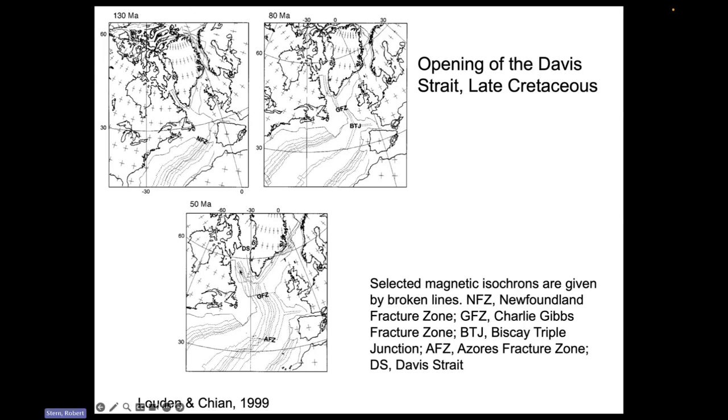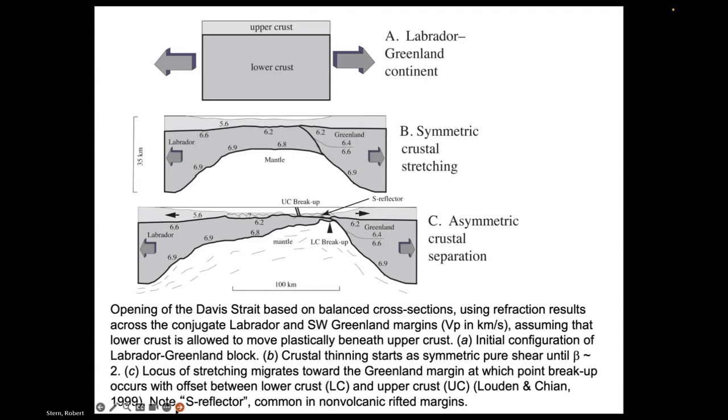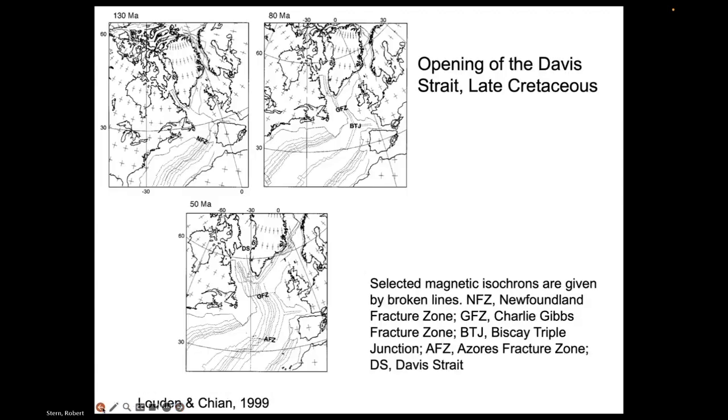And then in the early Cenozoic, this actually has seafloor spreading. Here we see the seafloor spreading anomalies. And this stops spreading, and the extension instead goes to the other side of Greenland, and that's the Mid-Atlantic Ridge over here today. Why would it have stopped spreading and shifted the other way?